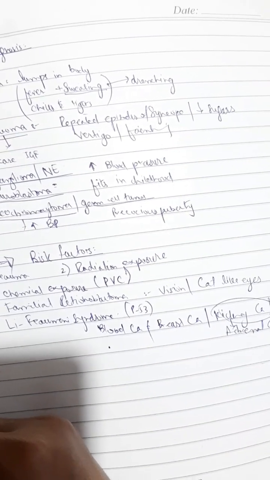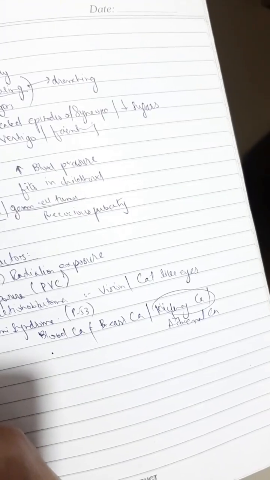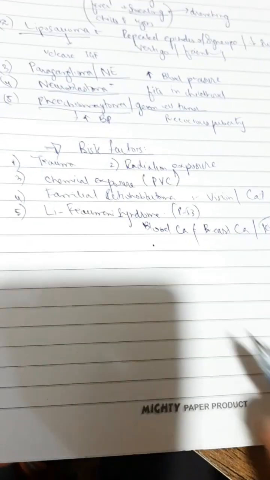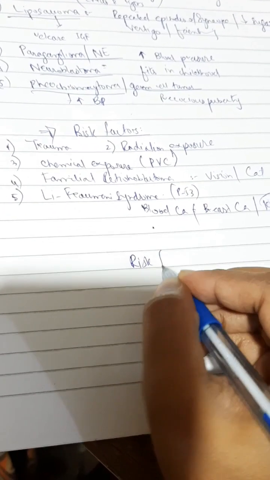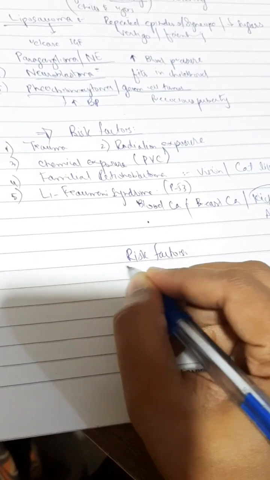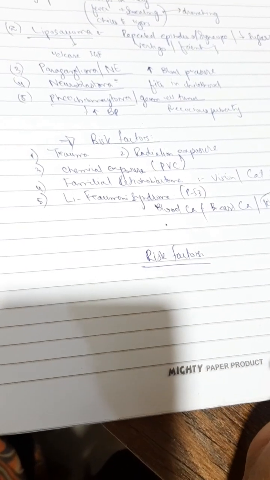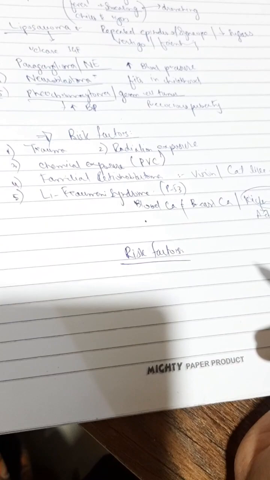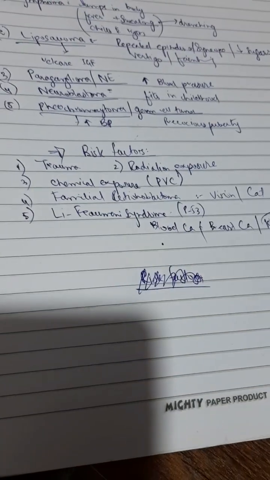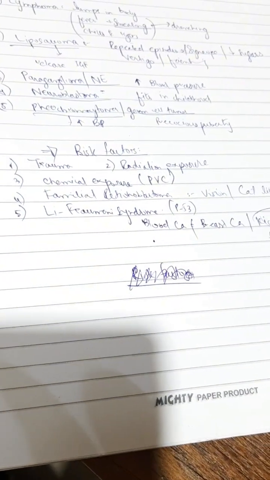So this is very important. Okay, so continue with this. Ask about the risk factors. Risk factors are very important, and these are the risk factors basically which we are discussing. So continue with the risk factors.